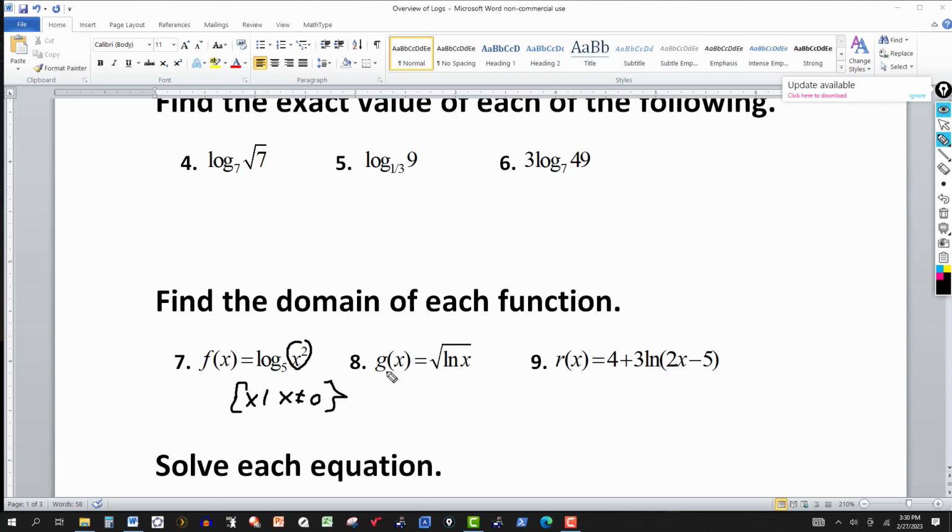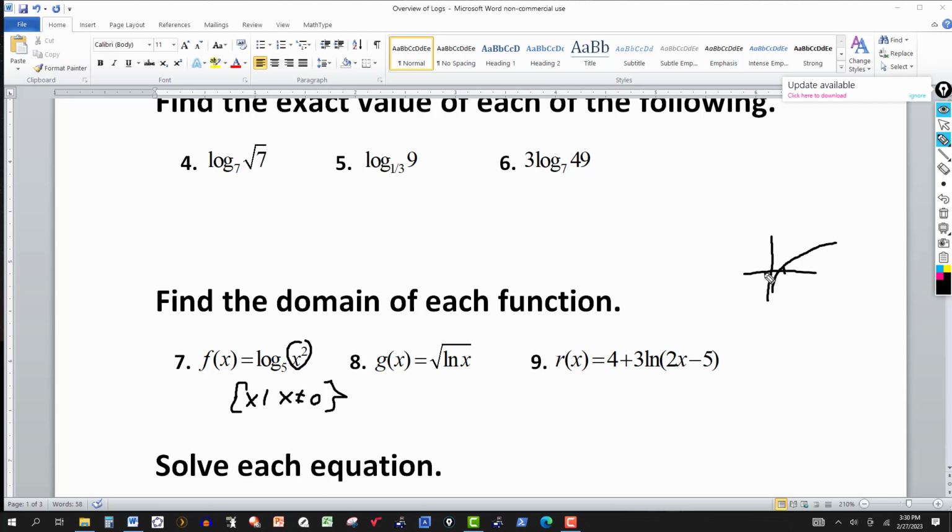Now for this one, g of x equals the square root of ln of x. Remember the base here is e. So if I were to look at the graph of this, the natural log of 1 to any base is 0. So I have an intercept right here. And then any graph with base larger than 1, it's going to go something like this. So on this side of 1, the graph is above the x-axis, so it's going to give me a positive number.